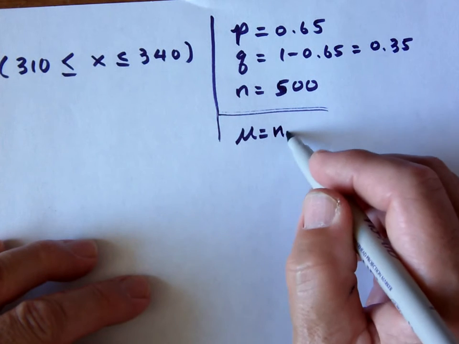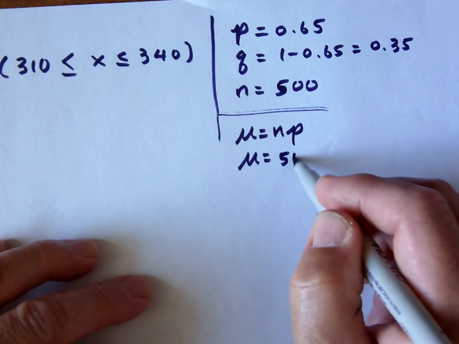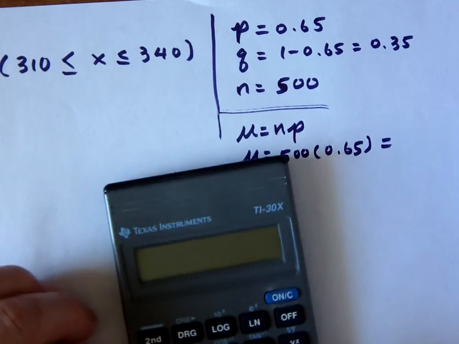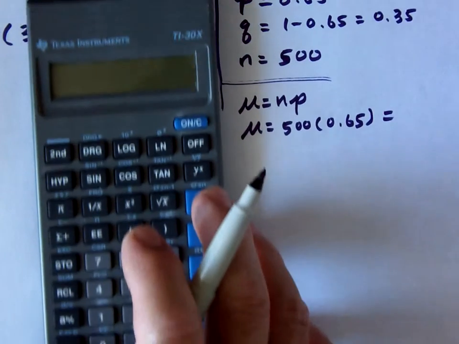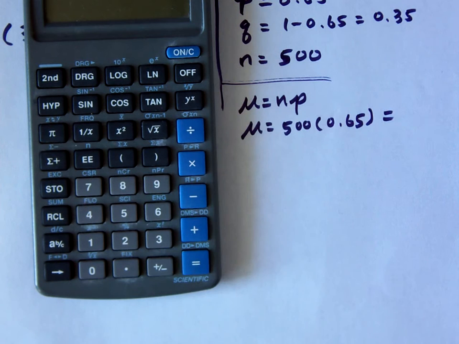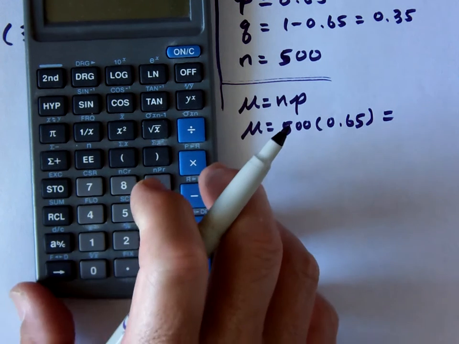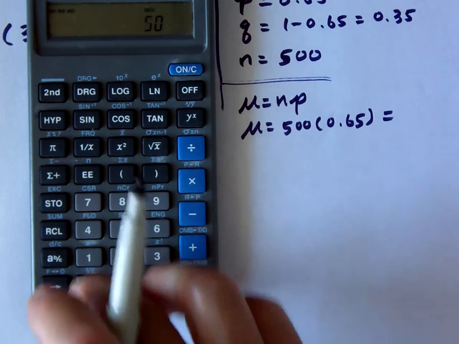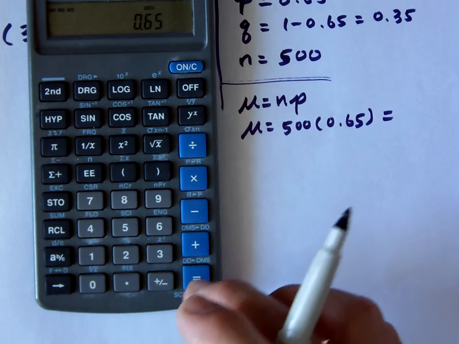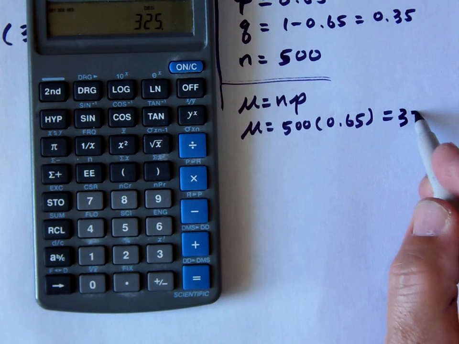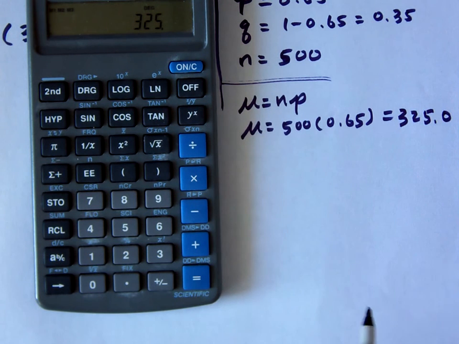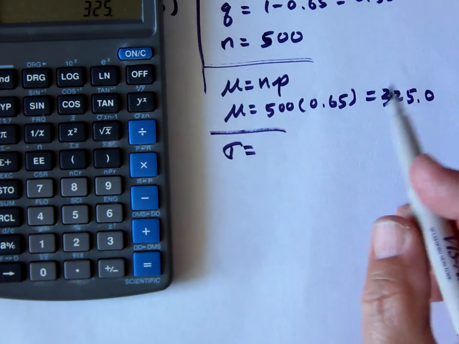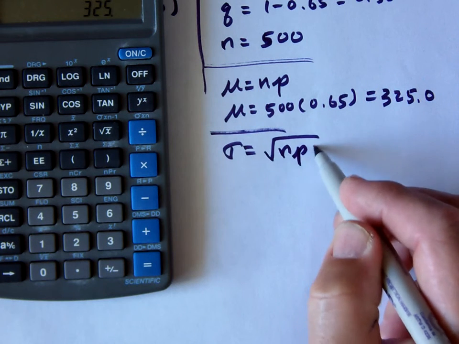The formula is np, so that is 500 times 0.65, which is equal to 325.0. Also, the formula for standard deviation is the square root of npq.